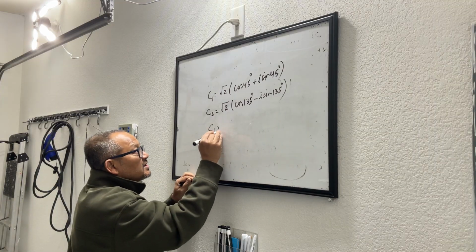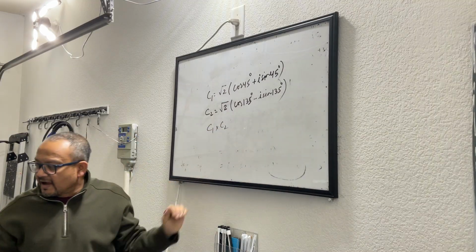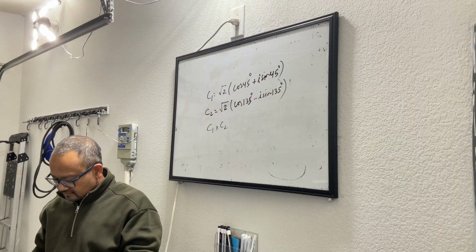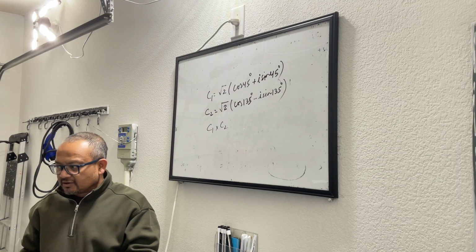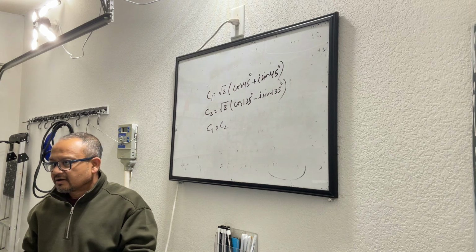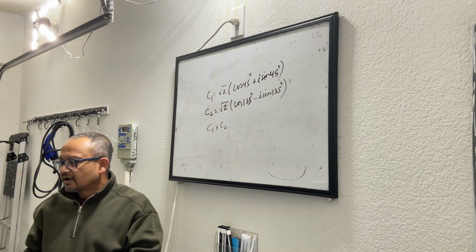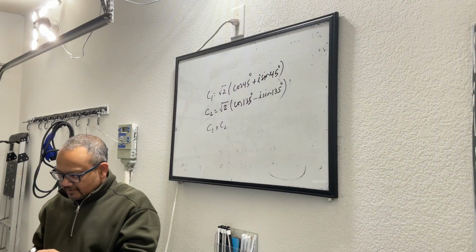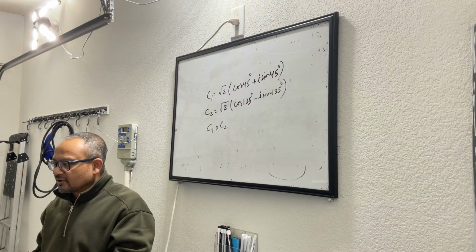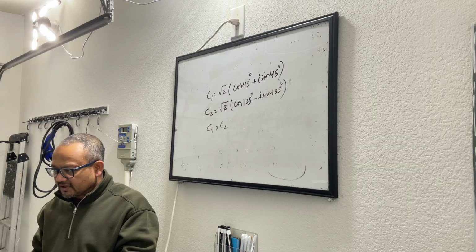When you have these two things, you have to multiply C1 with C2 and find out the resulting complex number in the polar form and the amplitude of the resulting complex number as well.